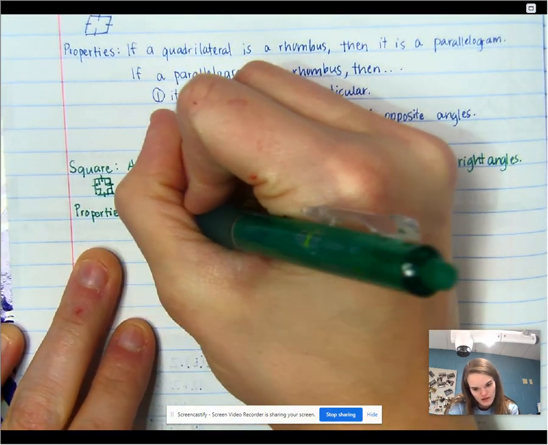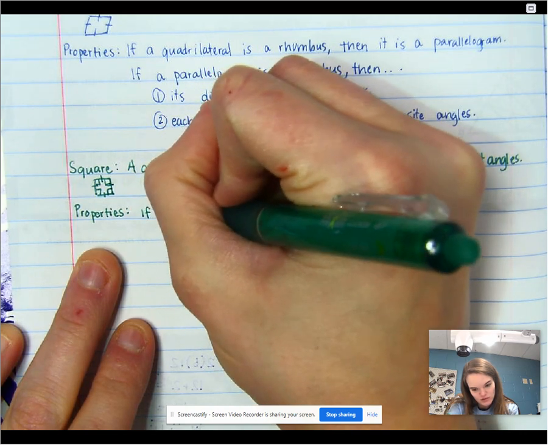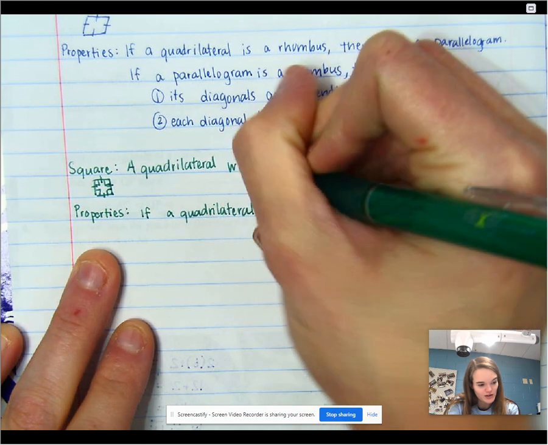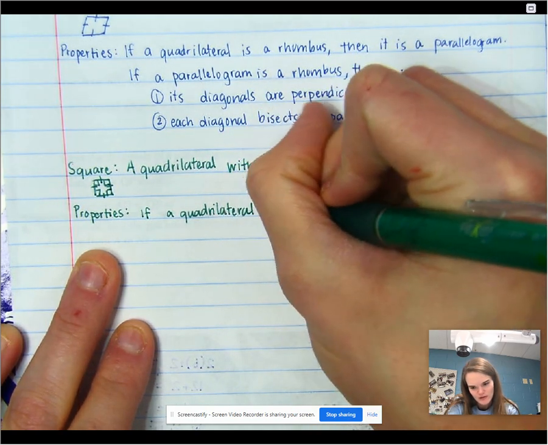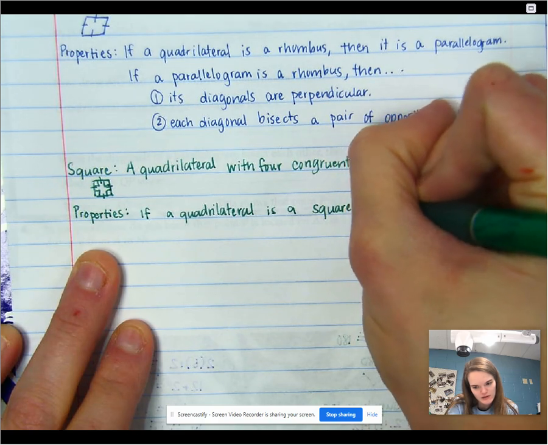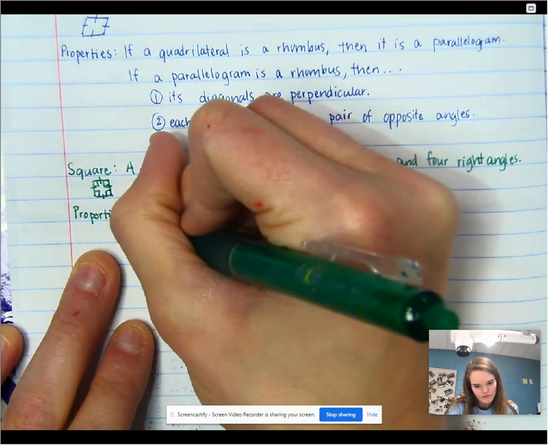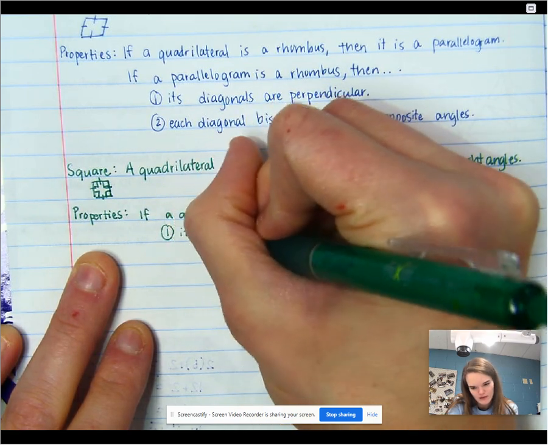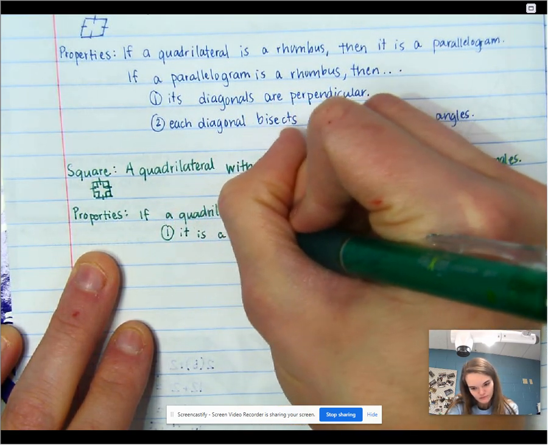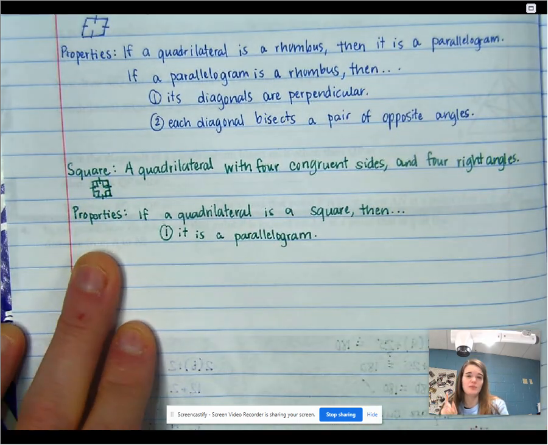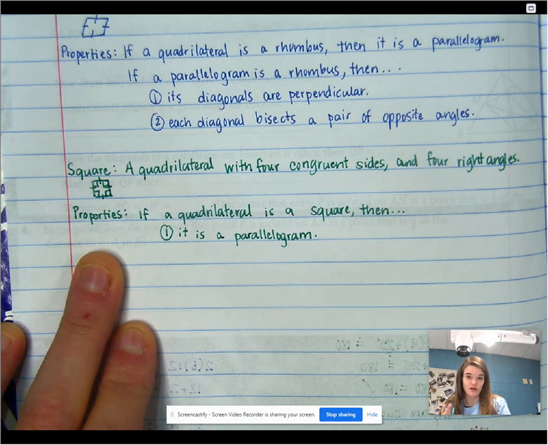If a quadrilateral is a square, then, first of all, it is a parallelogram. Meaning, opposite sides are congruent, opposite angles are congruent, and the diagonals bisect each other.